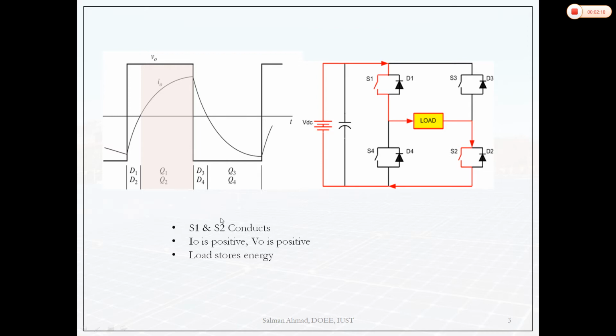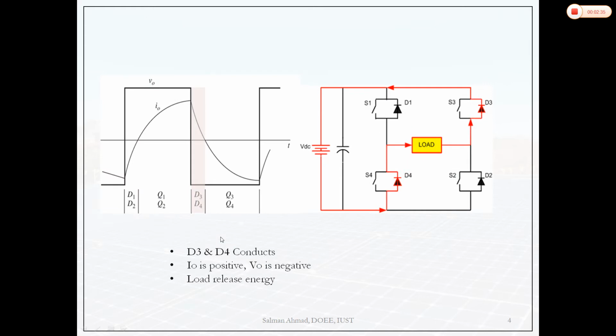In this interval, S1 and S2 conduct, the output current is positive and the output voltage is positive, and the load stores energy. Whenever positive voltage is applied across the inductor, it stores energy. In the next interval, the current is positive but the voltage is negative.